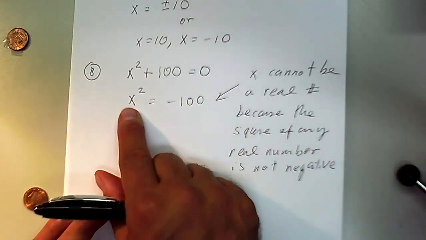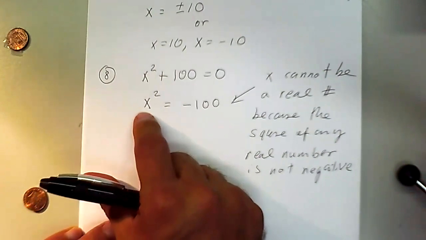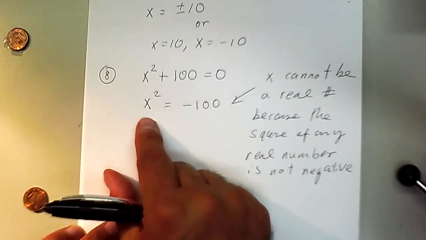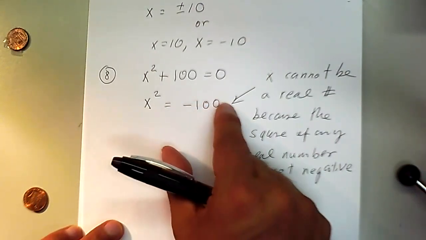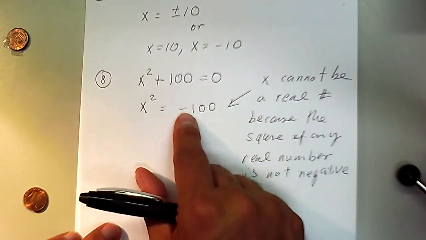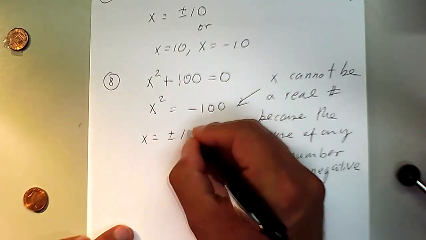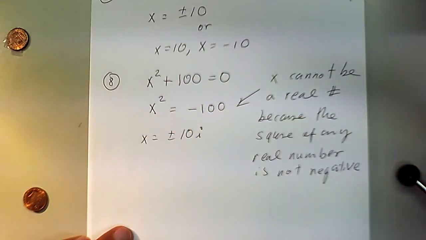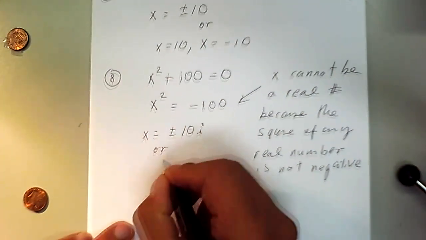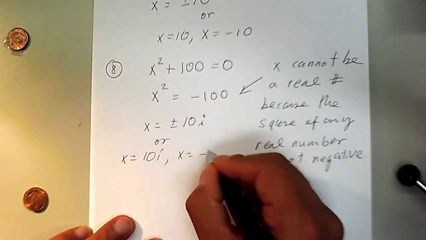So this would be a contradiction if x was allowed to be only real numbers. In this case, we're allowing complex numbers. So we take the square root of 100, which is again 10, and we take the square root of negative 1, which is i. So x will be plus or minus 10i, as in the complex number i. So there's two solutions: x equals 10i, or x equals negative 10i.